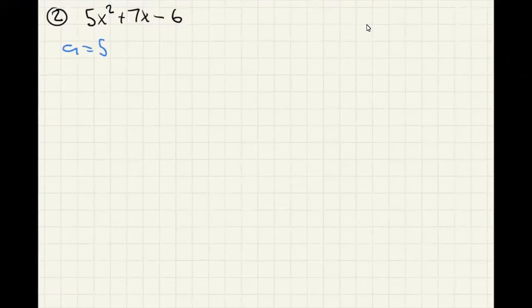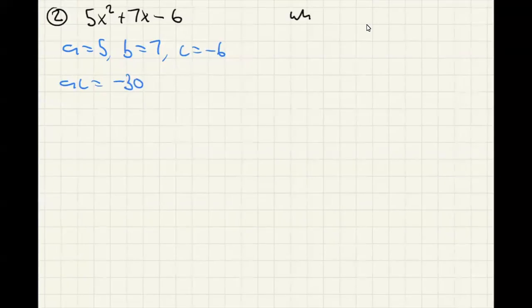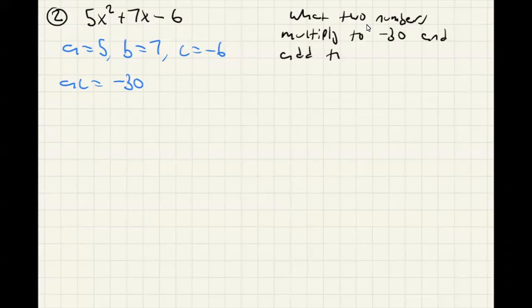So a is 5, b is 7, c is negative 6. A times c should be 5 times negative 6, which is negative 30. So the question you ask is what two numbers multiply to negative 30 and add to 7.